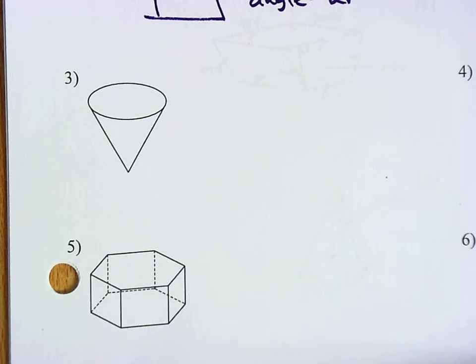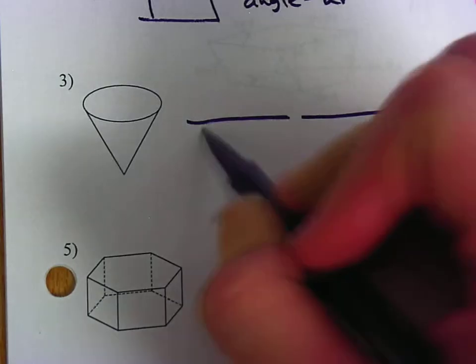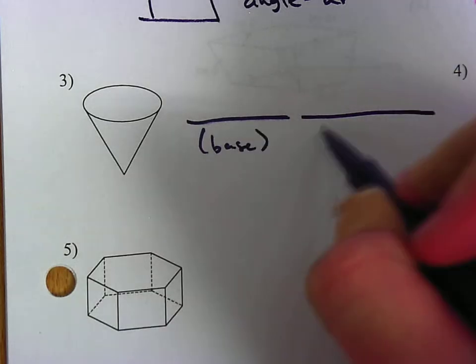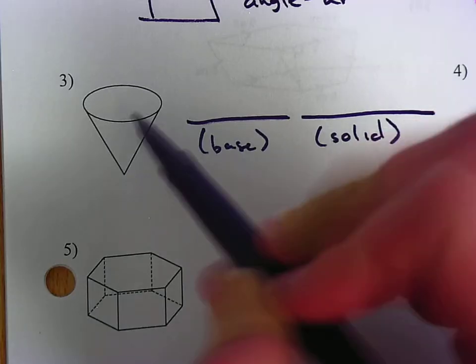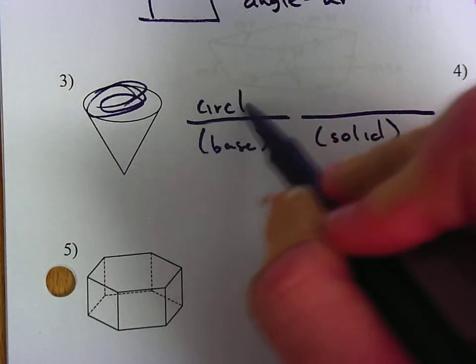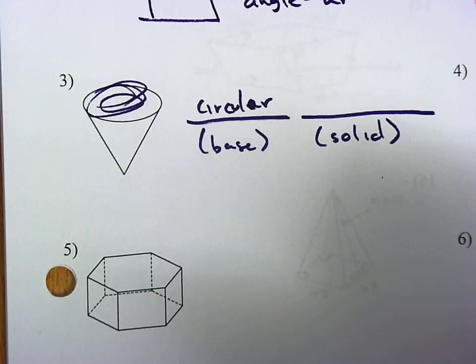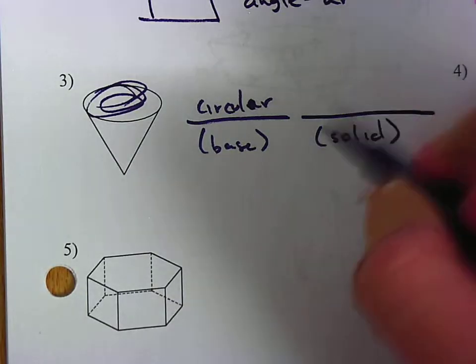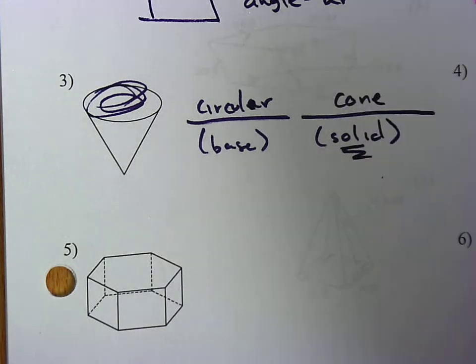If we look at number 3, it follows that same formula. This is the base, and then what kind of solid is it? We can see that the base here is a circle, or circular. And the solid, well, that's easy, it's a cone.